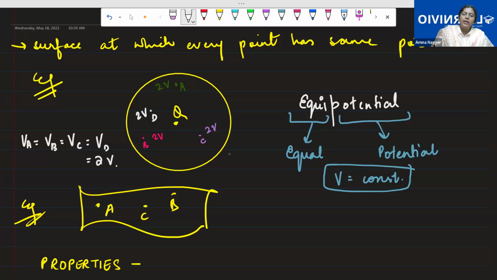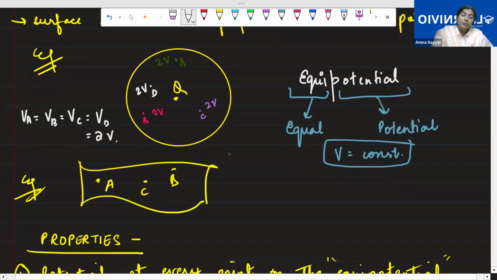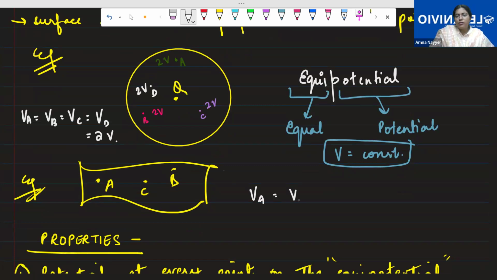Or any random surface also. If you have very random surfaces, A, B, C, they are also equal. VA equals VB equals VC. Means potential should be the same at the individual points. Now, how is it coming the same? Because of equal distribution of charges, because of equal separation.